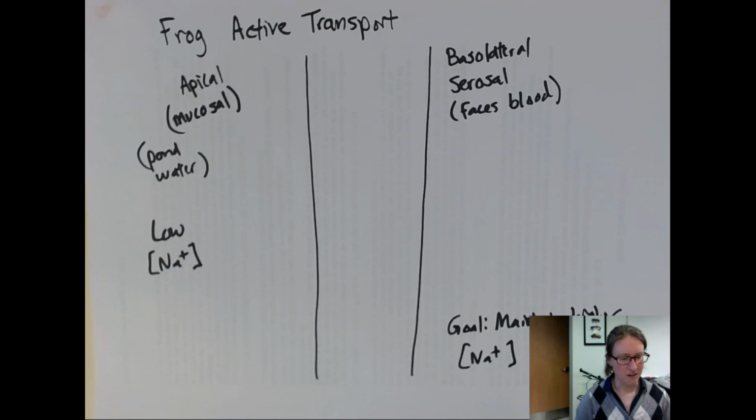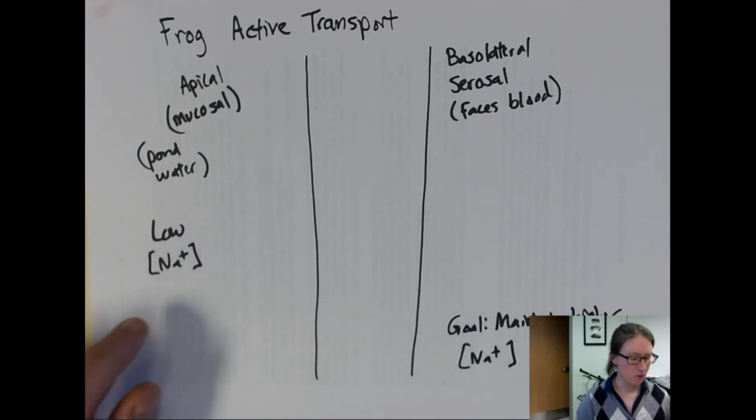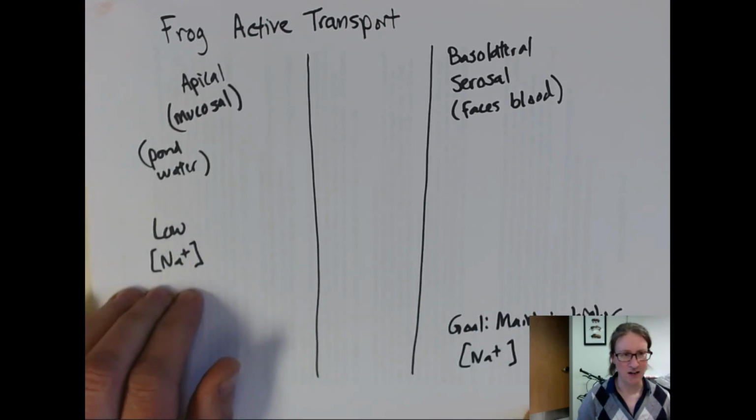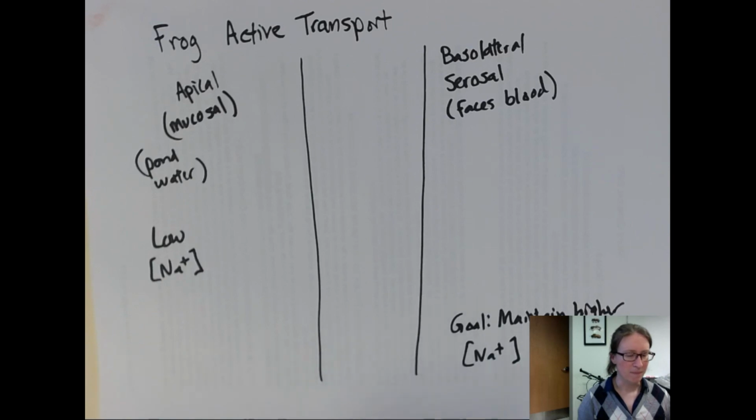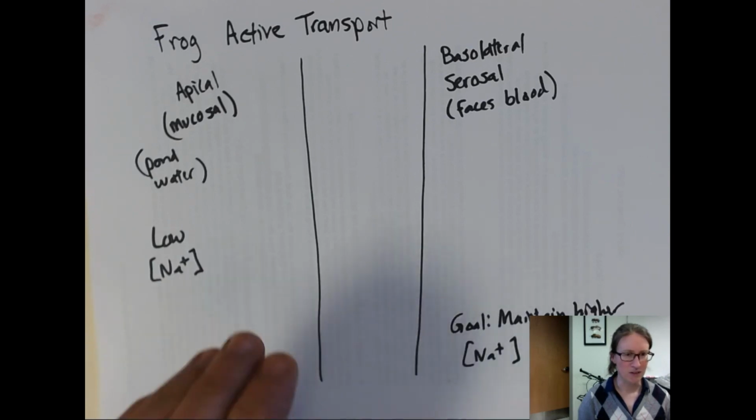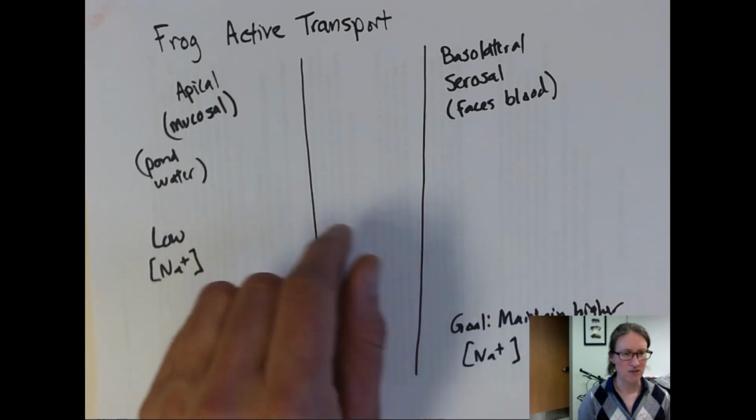So now we need to look a little bit more at, okay, well, how do they actually maintain this across the skin? So they need to move sodium from an area of lower concentration to an area of higher concentration. And they actually do this with a set of transporters across each of these locations.